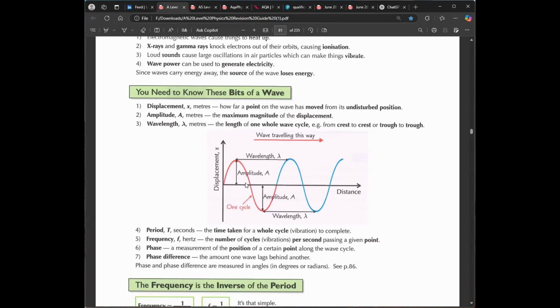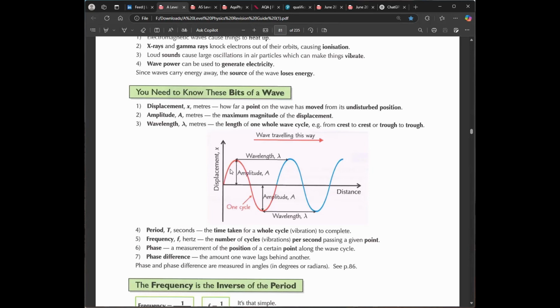For the example of a ripple tank, it is how much the water has moved up or down from its mean position. At any point, that is called displacement.